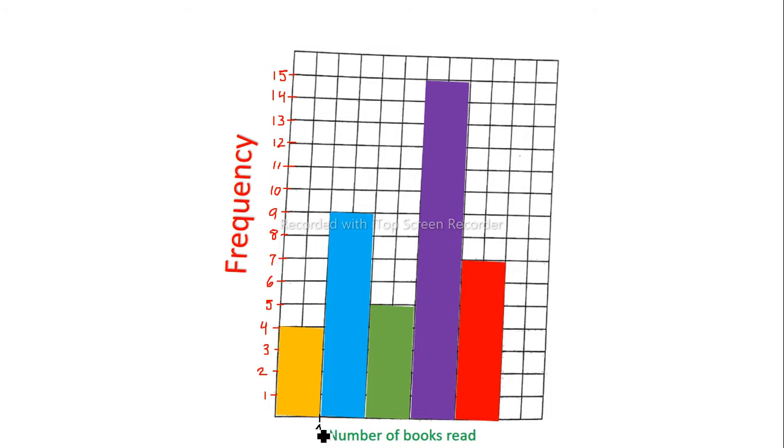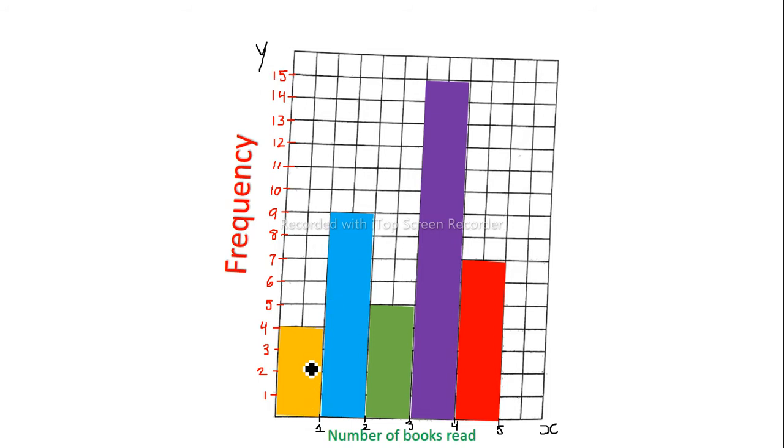This is 1, and after this is 2, then 3, then 4, and then 5. We call this the x-axis and the y-axis. Alright, so that's how we would do it.